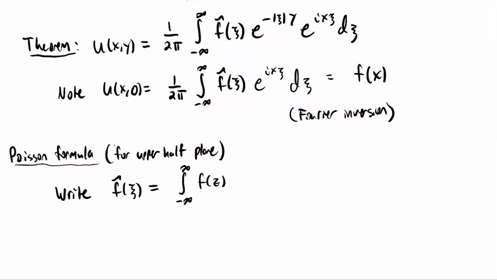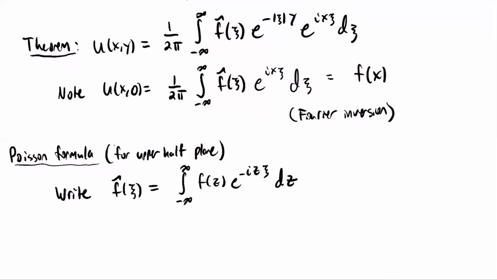The reason why I'm using z as the integration variable is just because we have a u of x, y, so I don't want to confuse z with x or y. So f of z times e to the minus i z xi dz. This is just the Fourier transform, but I'm using z as my integration variable instead. This is just the definition.